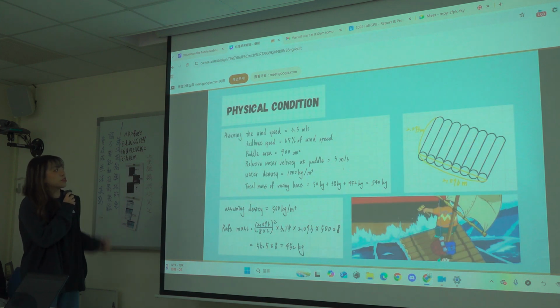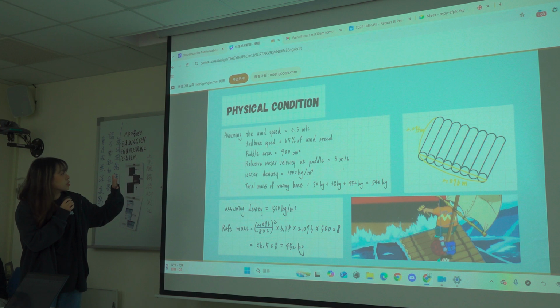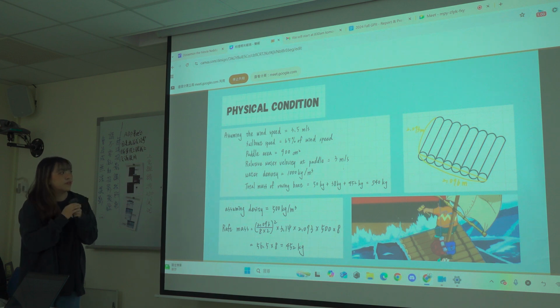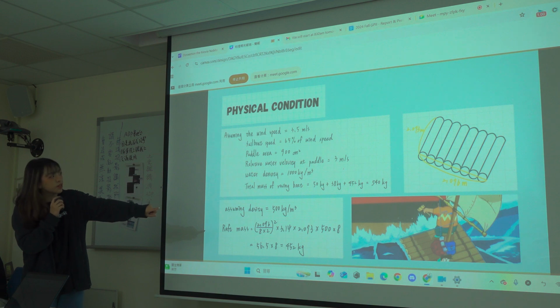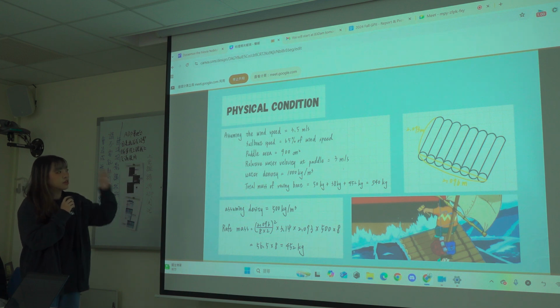The physical conditions: the wind speed in Japan in summer is about 2 to 5 meters per second, and I assume the wind speed is 3.5. The sailboat speed is 65% of the wind speed, and I found this information on the internet. The paddle area of Giant and Suneo, I assume, is 900 square centimeters.